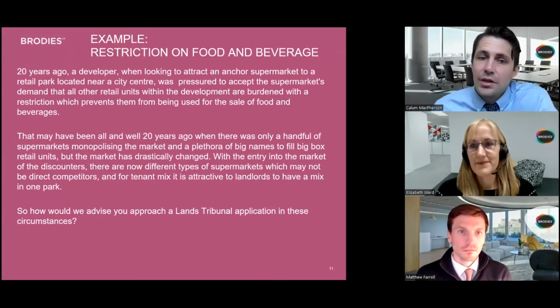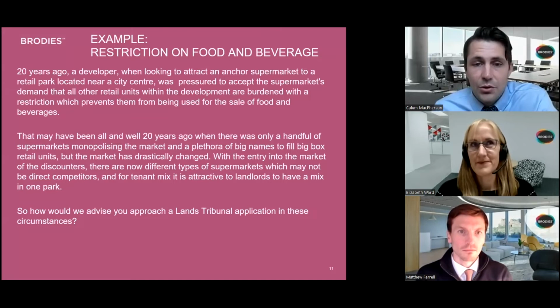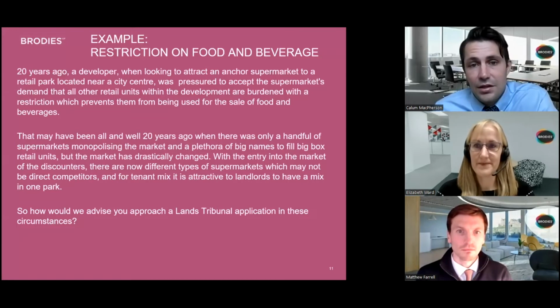So to illustrate the Lands Tribunal process, I thought it would be best if I give an example of a common restrictive condition we faced and the steps we've taken to remove it.